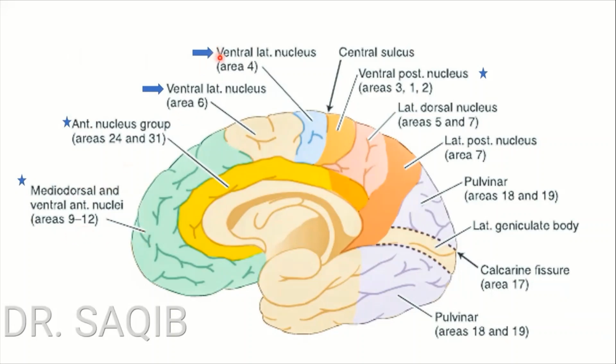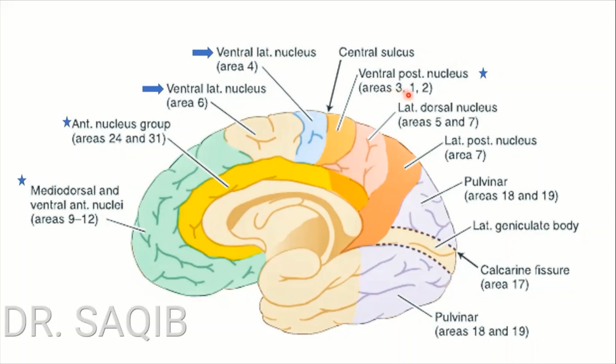And then the ventral lateral nucleus: here, this is Brodmann's area 4, the motor cortex, and the ventral lateral nucleus also projects to area 6, which is the premotor cortex.